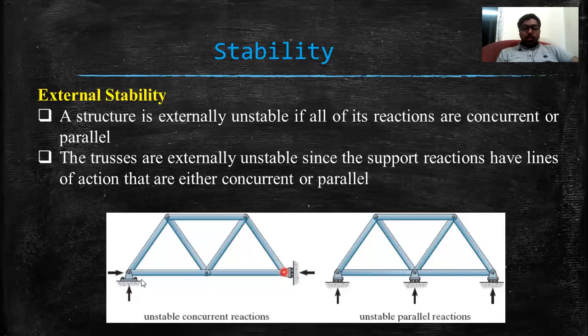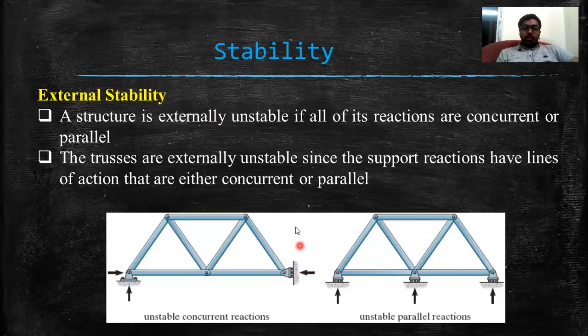So at this joint there will be only a vertical and a horizontal reaction, and at this joint there will be only a horizontal reaction, because this kind of roller support allows movement in the vertical direction, so there will be no such reaction. If we go through the first point, the structure is externally unstable if all of its reactions are concurrent or parallel. This is one reaction, this is one reaction, and this is one reaction. Three reaction forces are there.